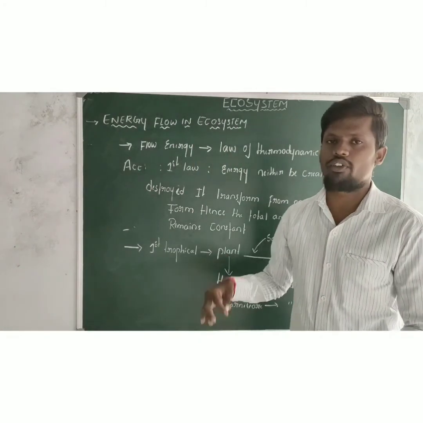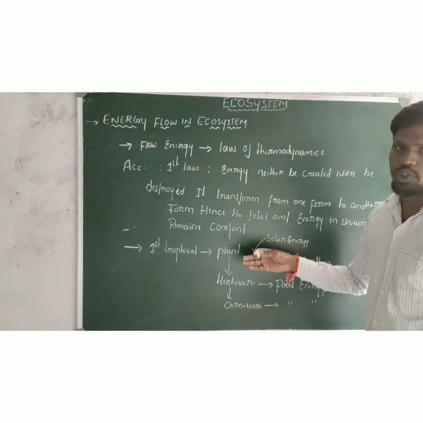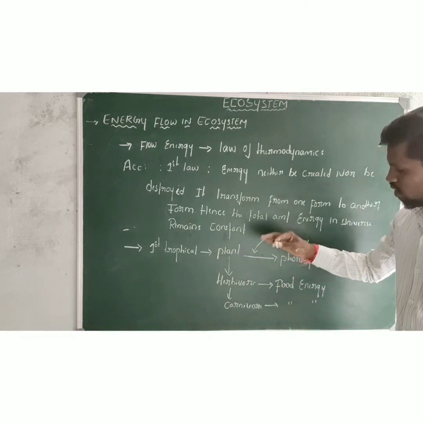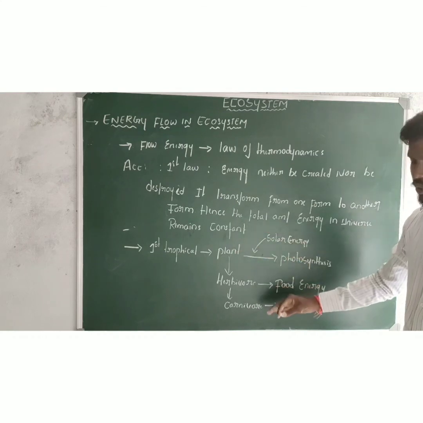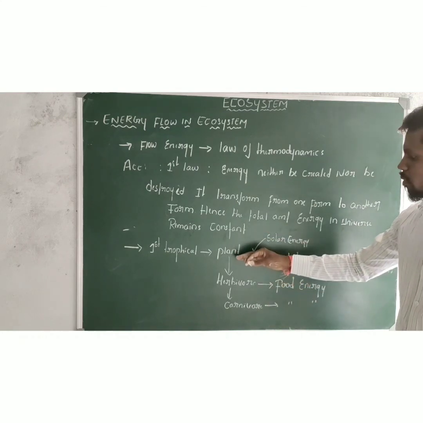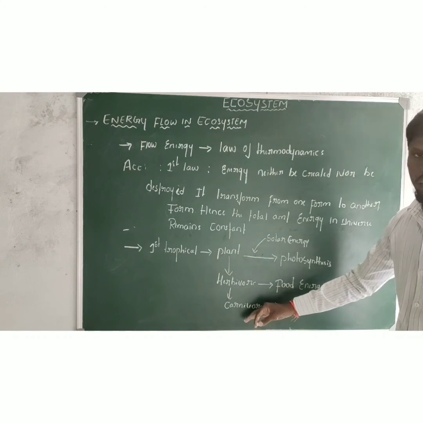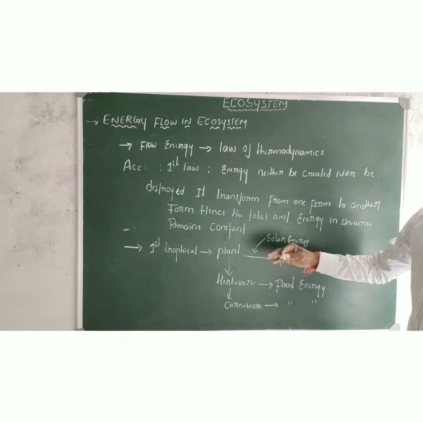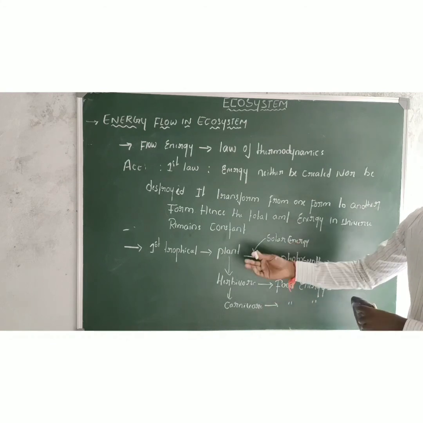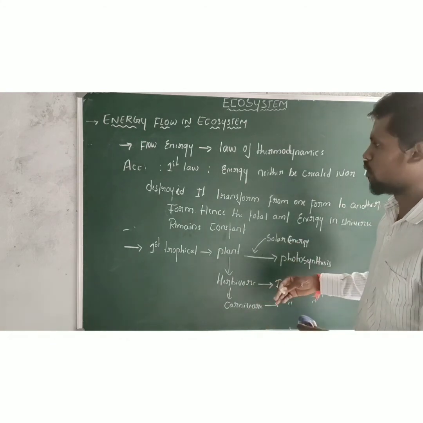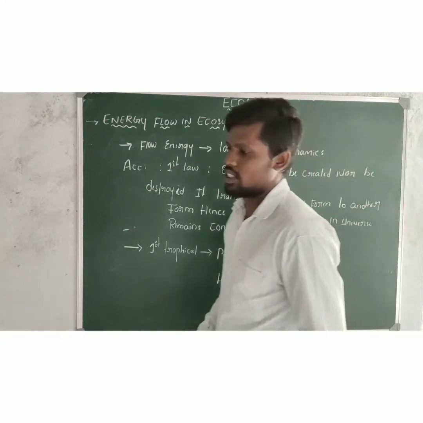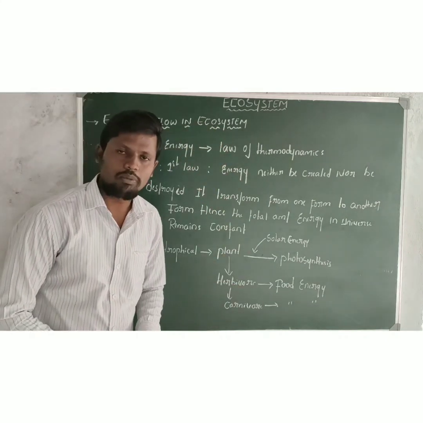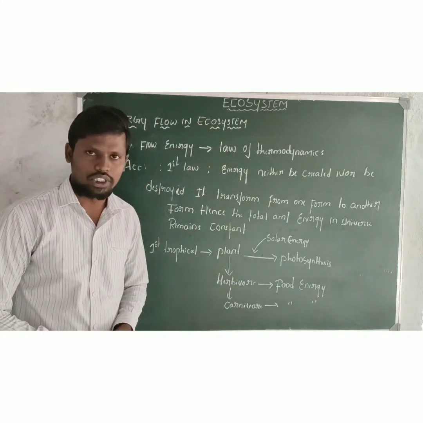Hence, the energy flow in the ecosystem is from producers to herbivores and carnivores. Finally, the dead and decaying plants and animals undergo the decomposition process. This is about the energy flow in the ecosystem, and thank you for watching this video.